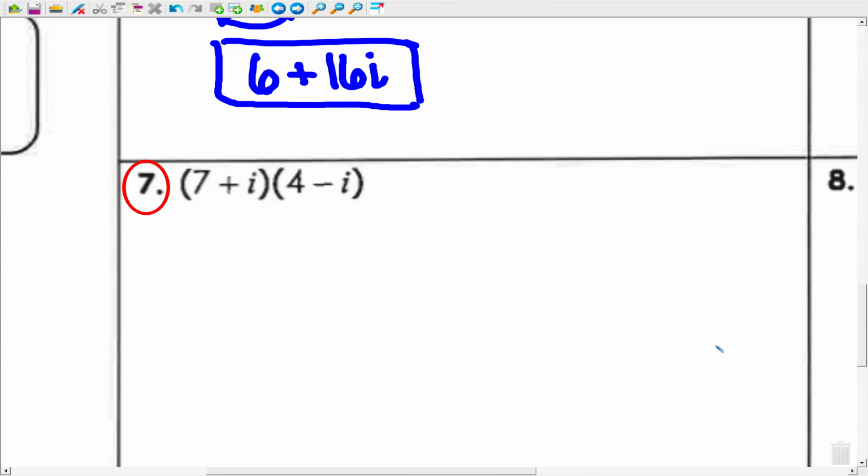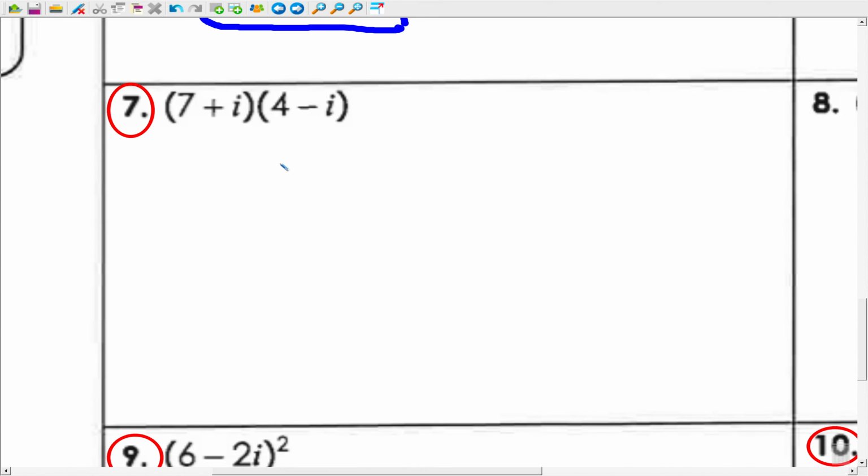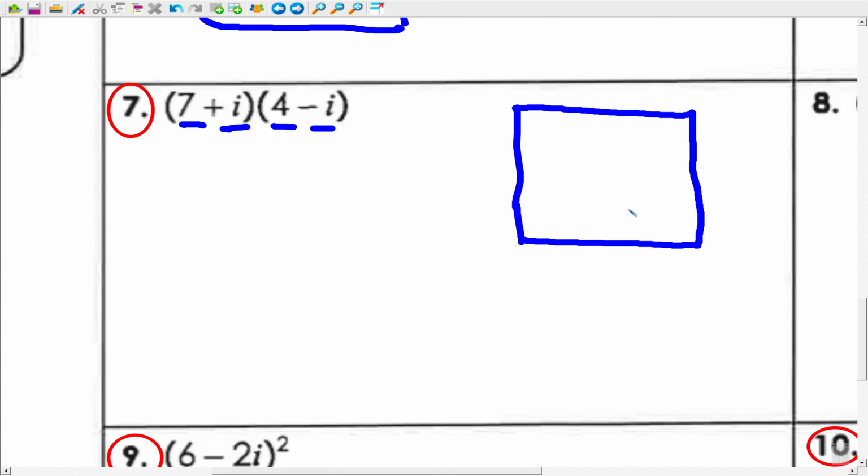Now we're getting to my favorite. That would be multiplying binomials. Binomials mean there's 2 terms inside here and 2 terms inside here. You can do FOIL, but I prefer the box. So that's what I'm going to do for all of my multiplying problems when I have a binomial. Take what you have here, put it across the top.